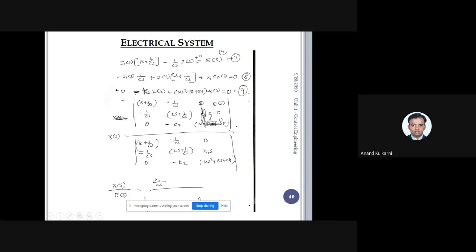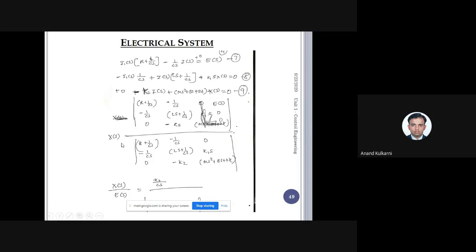In the third equation, we have no coefficient corresponding to I1, but there is a coefficient corresponding to I and X, and right hand side is 0, because I have taken this K also on this side only. X also we have taken this side only. K2 into I, that is a force, also I have taken on the left hand side, because that also consists of one variable. Then I have arranged the determinant.